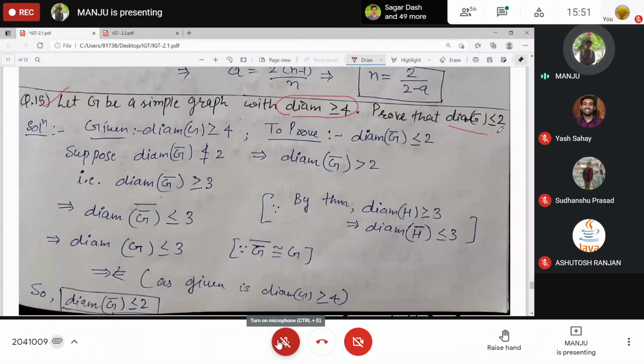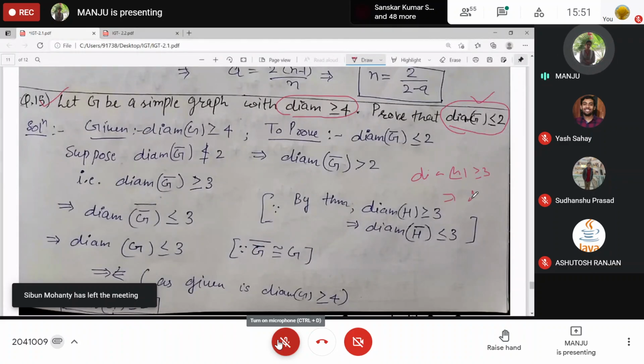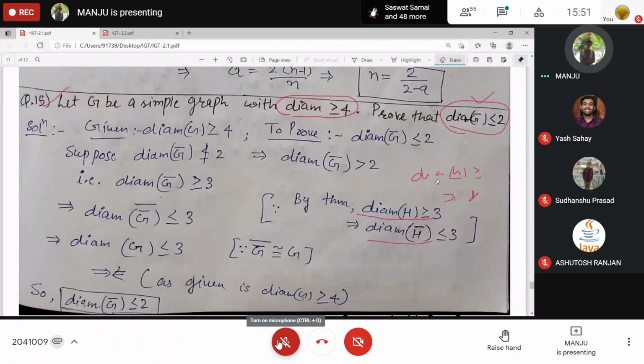Prove that the diameter of G complement will be at least 2. And what we have as a theorem: diameter of G is at least 3 implies diameter of its complement is at most 3, right? Are you getting it?